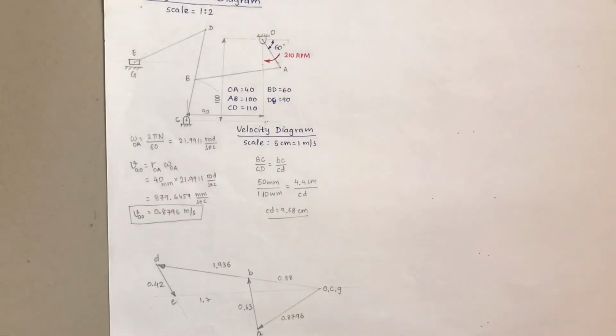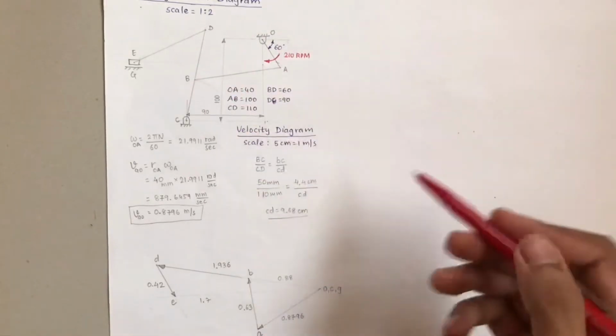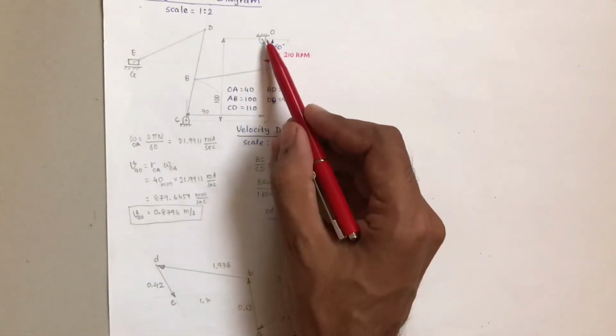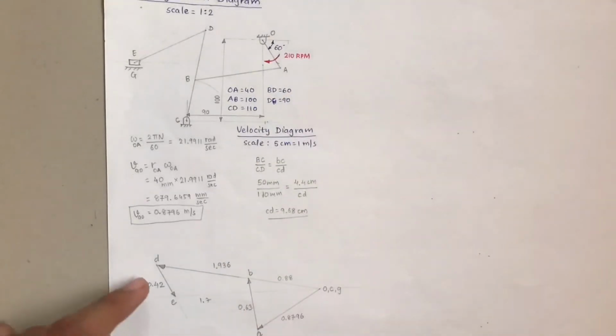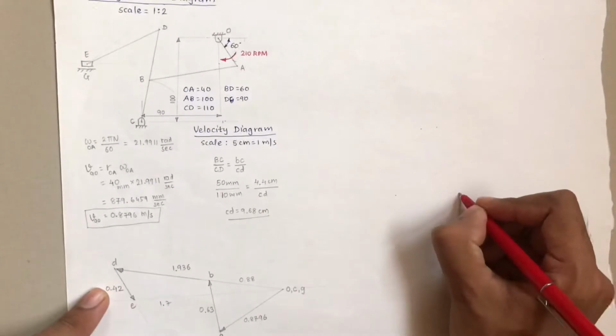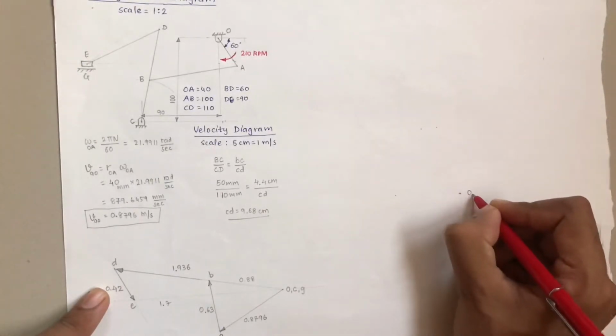Now this video is based on acceleration analysis. So let us start to draw the acceleration diagram. Again, the acceleration analysis is the same, one by one point in the configuration. Initially we start with the fixed point, that is O. So let's say in this acceleration diagram, O1 point is fixed.